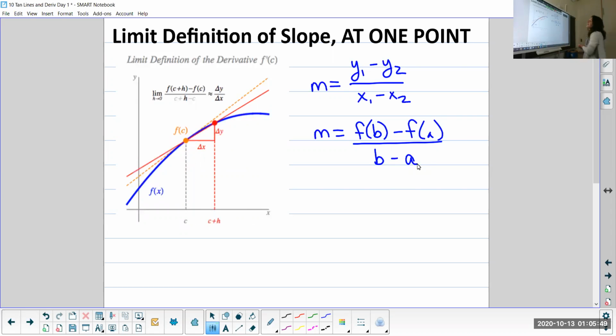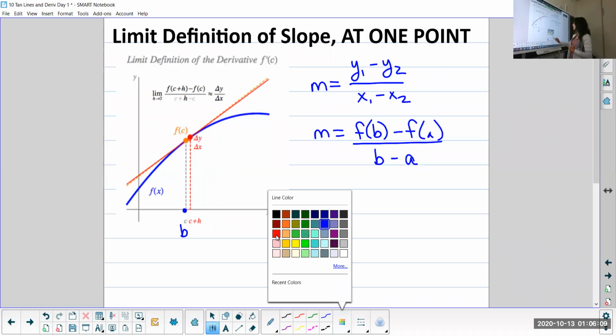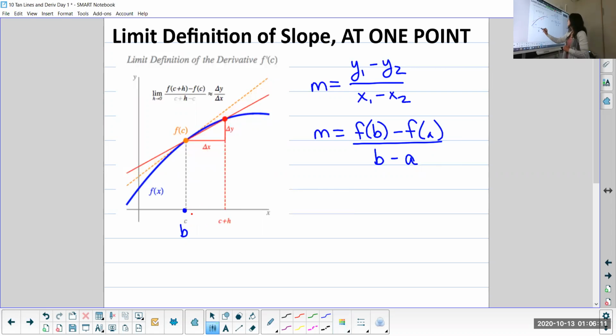Now, what you see being animated is a different version of that. So we are going to actually have this rewritten and say that this c is actually a b value right here. And then the thing that's moving, so that dotted line that's moving back and forth, okay, that is going to be a, but in this situation, a is not a set value.